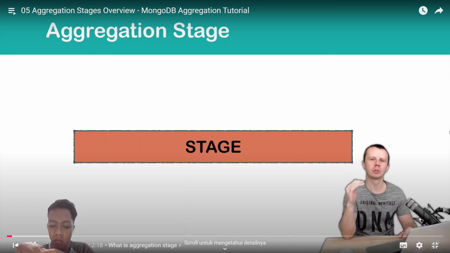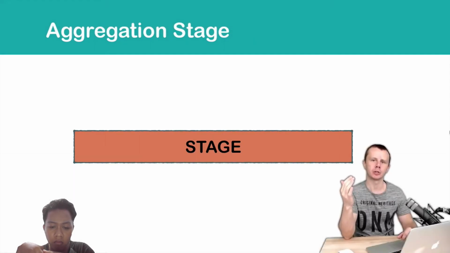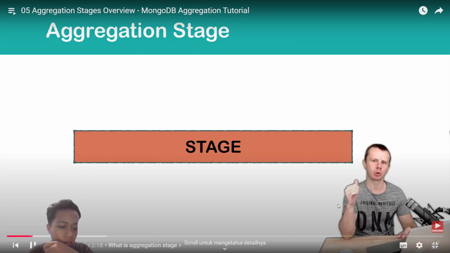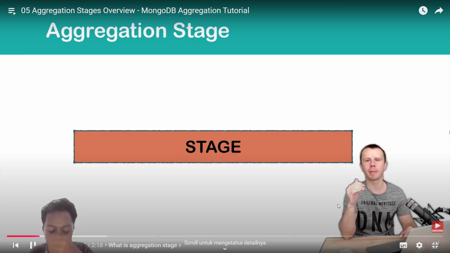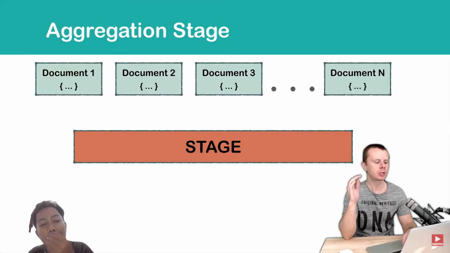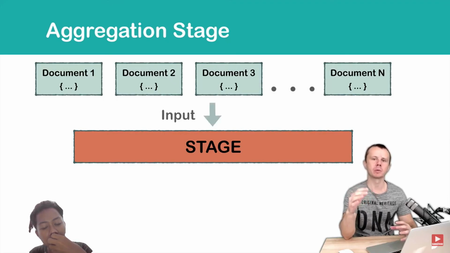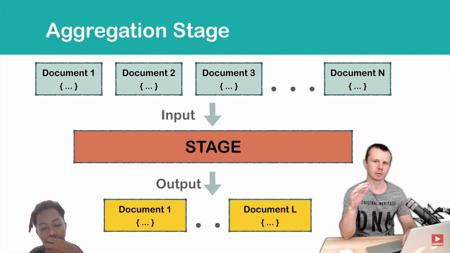Let's discuss more deeply what an aggregation stage is and which aggregation stages exist in the aggregation framework. Each stage works independently from others. Each stage takes documents as an input, then performs its operation, and outputs documents.